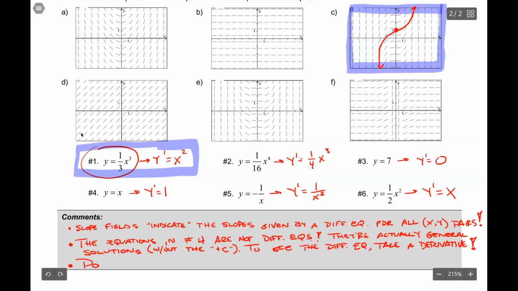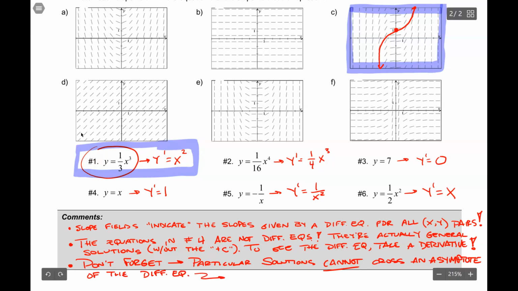Last but not least, don't forget, particular solutions cannot cross an asymptote of the differential equation. And let's look at an example of what I mean by this. Let's look at number 4, part f, through the point 2 comma negative 1. Number 4, part f, is this graph right here.